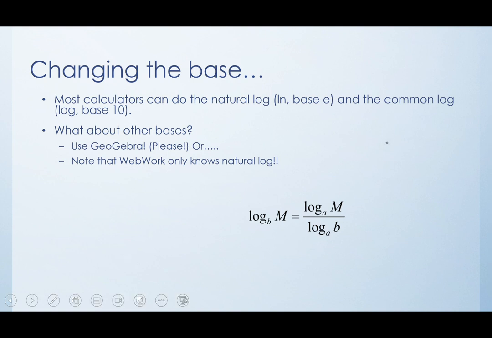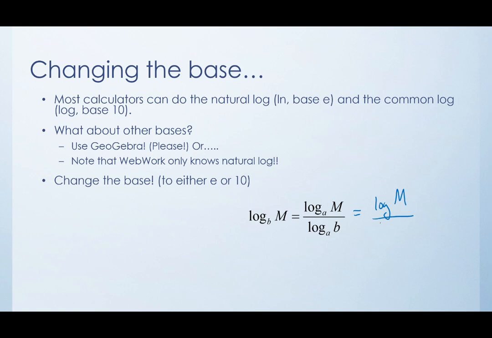If you have to express an answer as a logarithm with a base other than 10 or e, you're going to use the log change of base formula. The easiest thing to do usually is to change the base either to base e, i.e. natural log, or to base 10, common log. And so here what we've got is, if we've got log base b of m, we're going to pick, say, common log, so it'll be log of the input over log of whatever the base is.